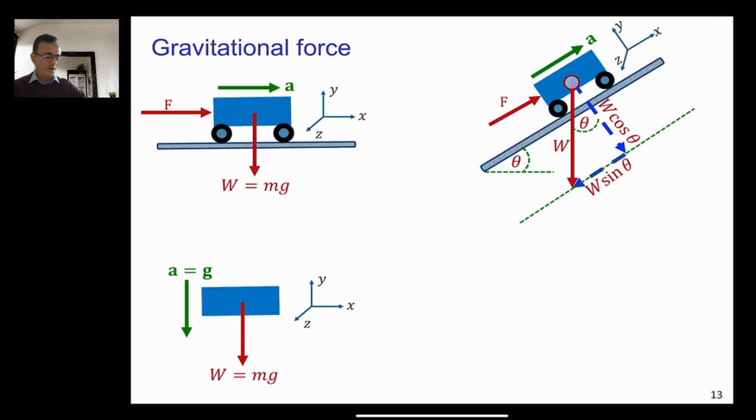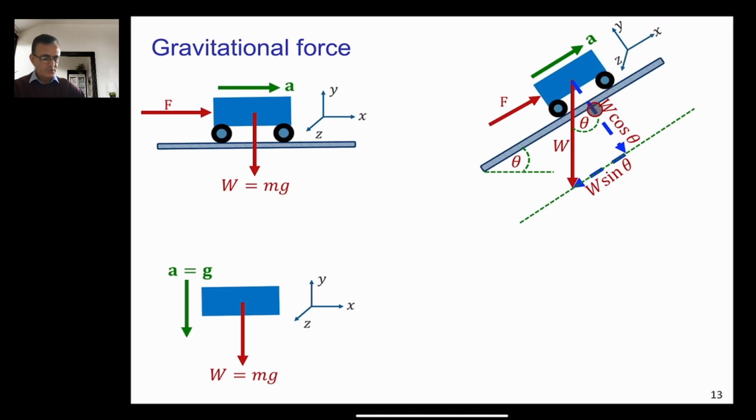But in this case now, if you look at this force here, it is in the x direction, which is fine. But if you look at the weight, the weight is in the vertical direction, but y is inclined and perpendicular to this plane, and x is in the direction of the plane.